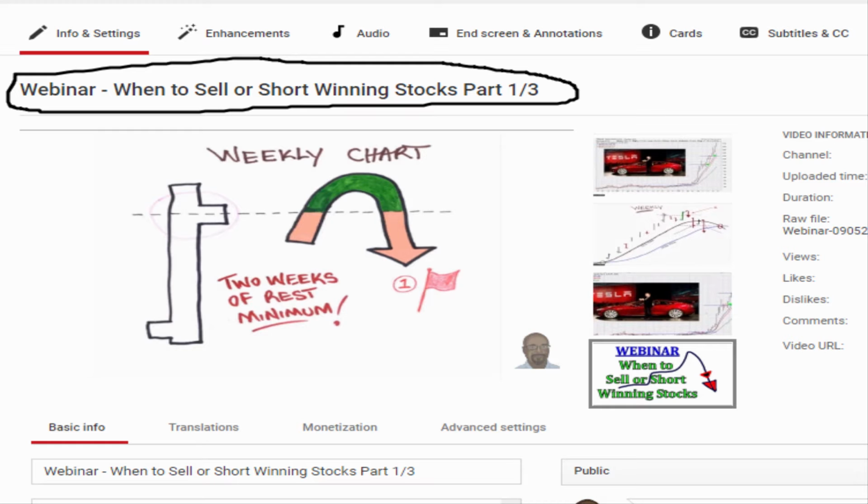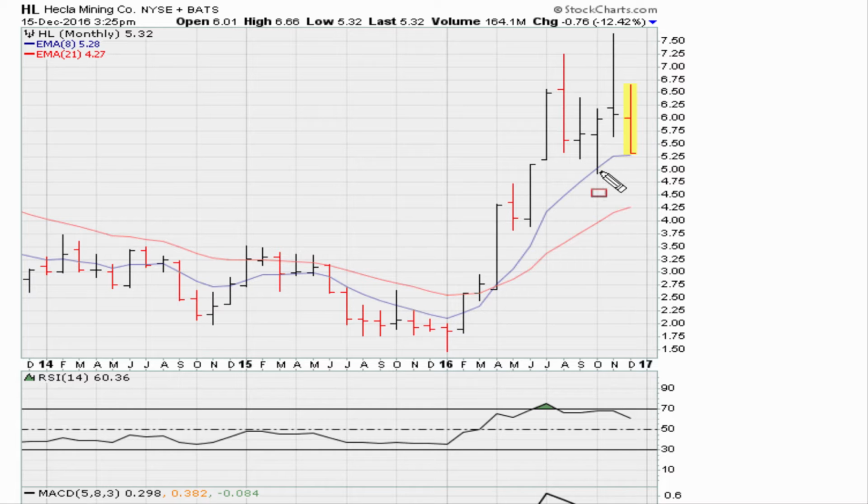Number one is a failed breakout, and number two, for your timing, you want to use the recent monthly closing low if you are using a monthly chart. You can see right now it is moving below the recent monthly closing low. That level happens to be at 5.58.